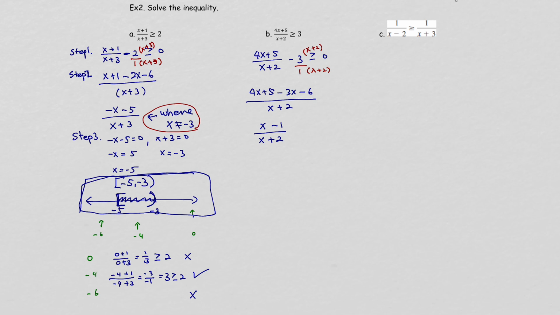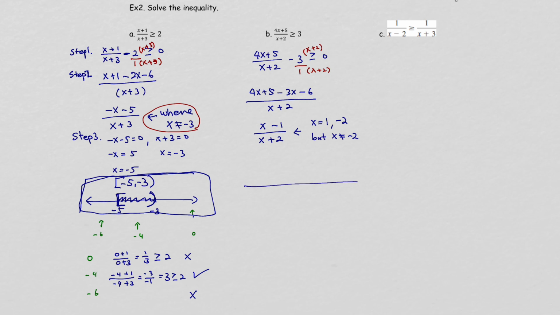So from this, I will notice my boundary points are going to be positive 1 and -2, but your restriction is -2 also. So you know that -2 should use a parenthesis, not a bracket, right?